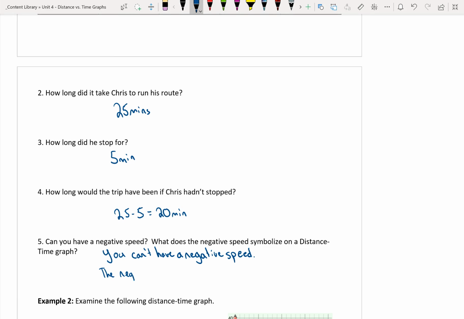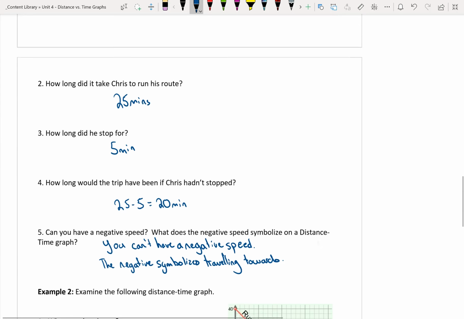So the negative symbolizes traveling towards. Because again, that negative meant we were traveling back, or that line was going down, so we were traveling towards something. So if you see a negative speed, it's most likely indicating that we're traveling towards.